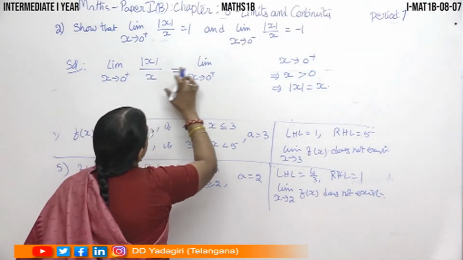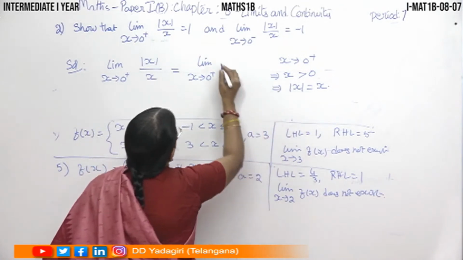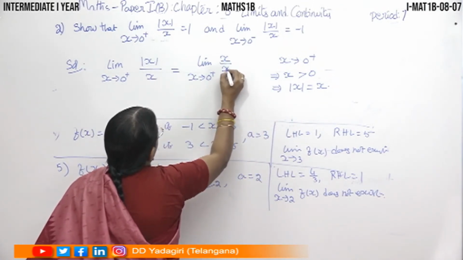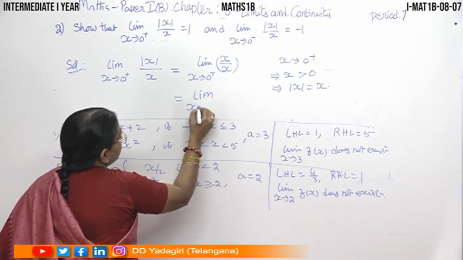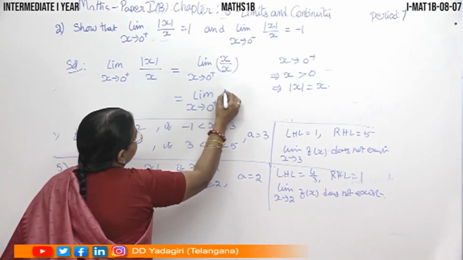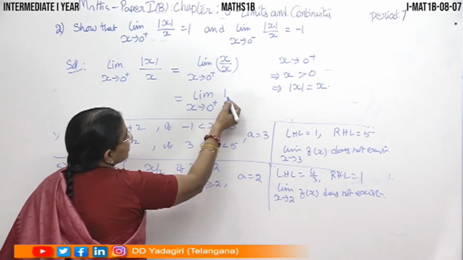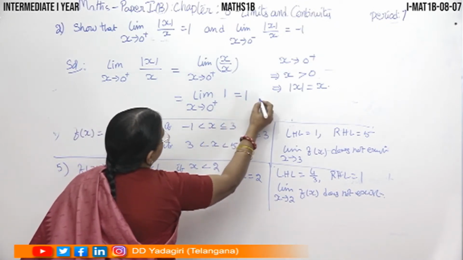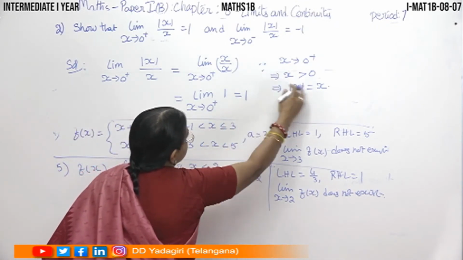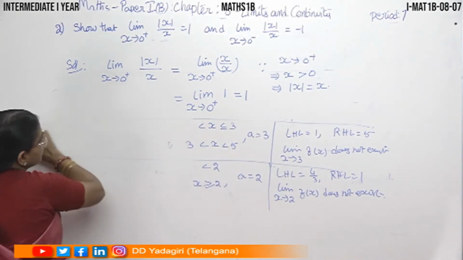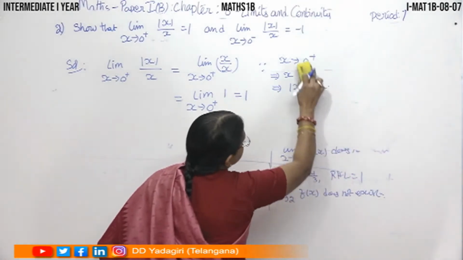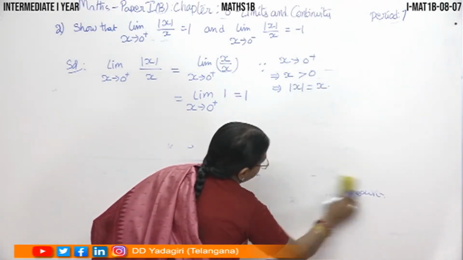So we should remove this modulus, and x by x we will write. So that is equal to 1. So limit x tending to 0 plus of 1. Limit of any constant number is that constant only. So it is equal to 1. So like this you have to do. These steps are very important.